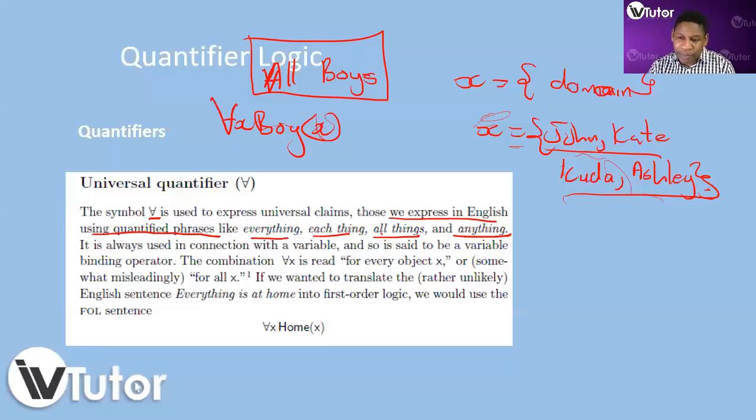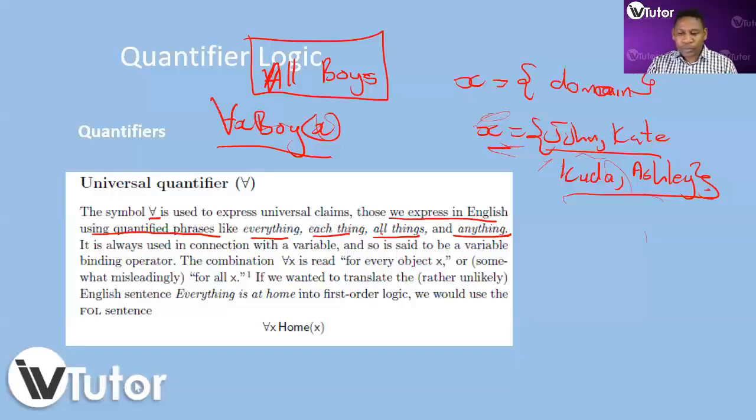If you say every element in this set is a boy, I'm going to say that's false, because Kate and probably Ashley are not boys. So the statement, given this domain, does not hold. So this says all boys, every boy, each boy, any boy.